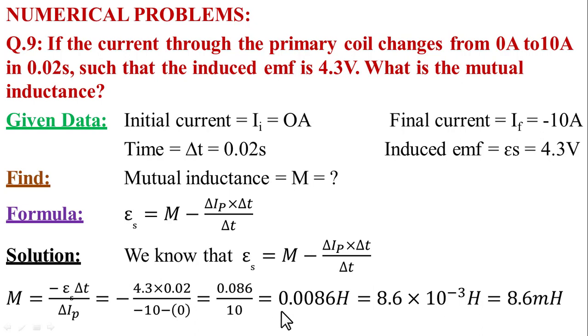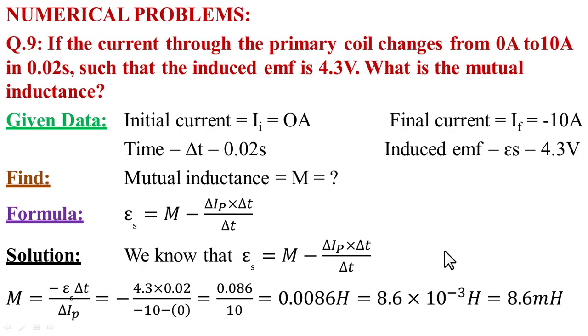So mutual induction M is equal to 0.0086 H, that is equal to 8.6 multiplied by 10 raised to power minus 3 H, so that is equal to 8.6 mH.